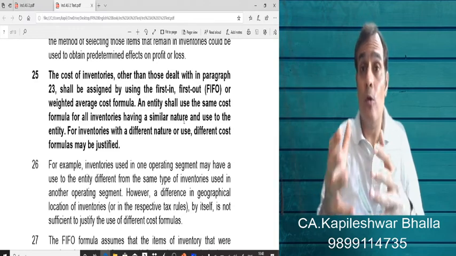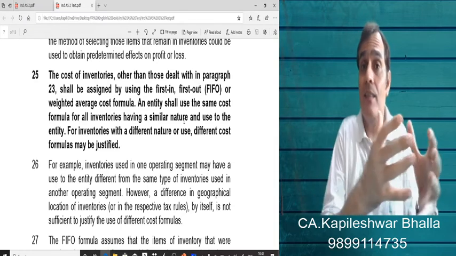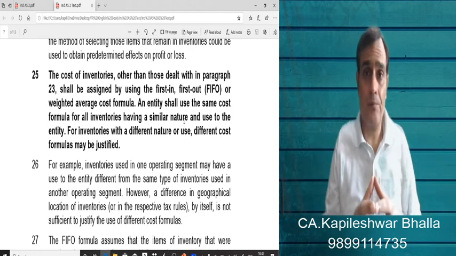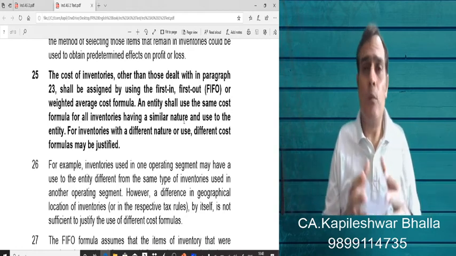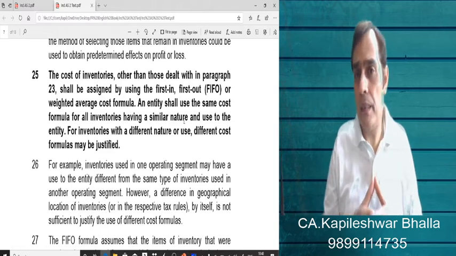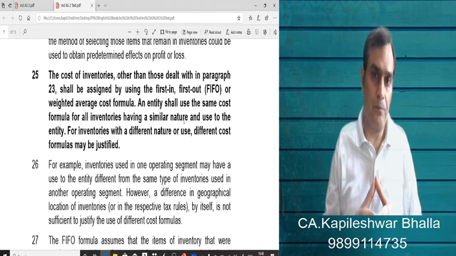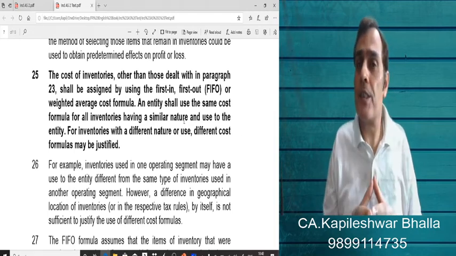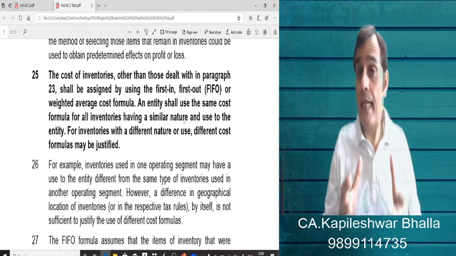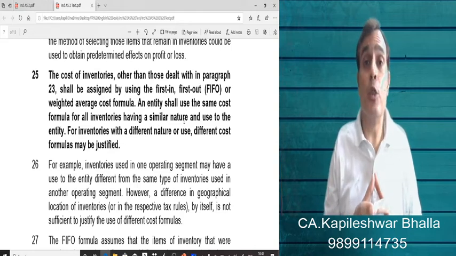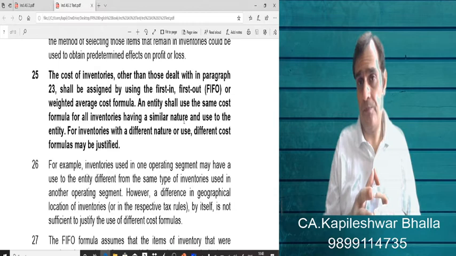He would not go for one design against another. The designs are different. In simple words, when the inventory is tailor-made to the needs of the customer, we say they're not ordinarily interchangeable.